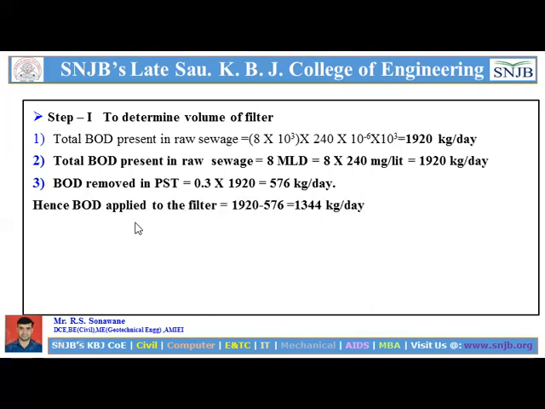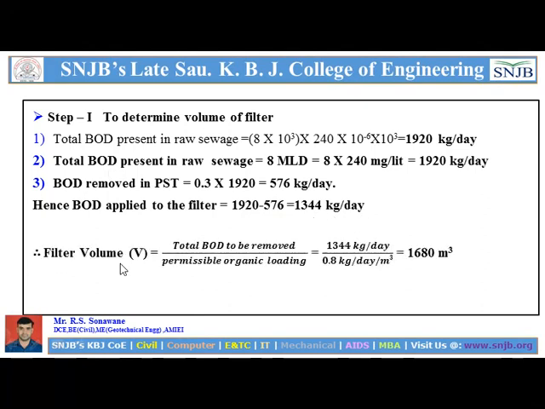Hence the BOD applied to the filter is the total BOD present in the raw sewage minus the BOD removed in the PST. So we have two values, 1920 minus 576, that is equal to 1344 kg per day.